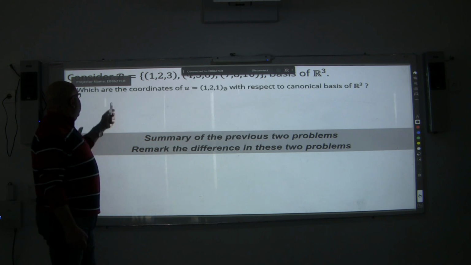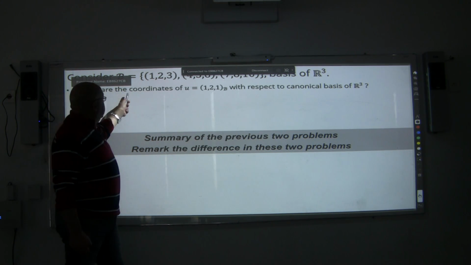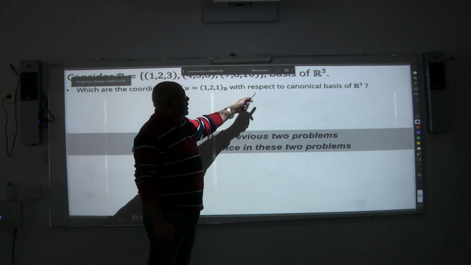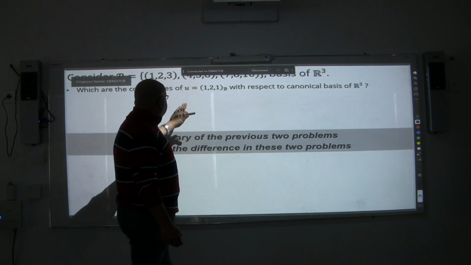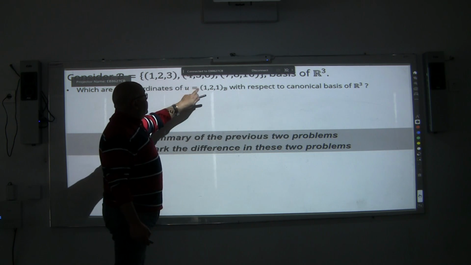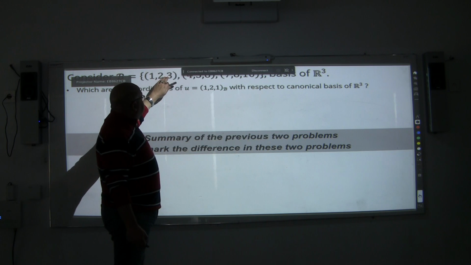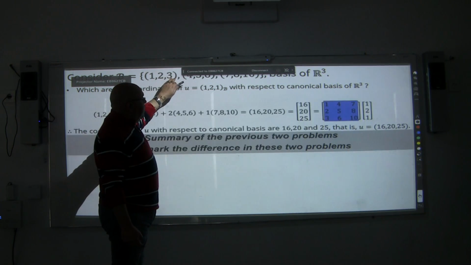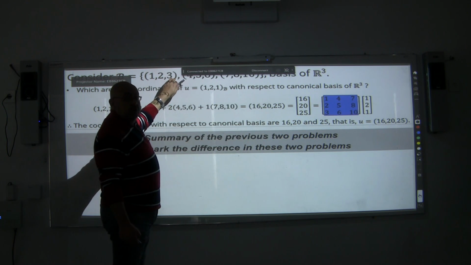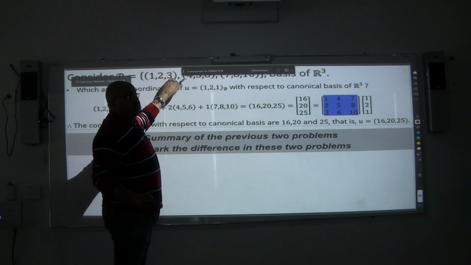So in this problem, what are the coordinates of U1, (1, 2, 1), with respect to the canonical basis? In such a case, I'm giving you the coordinates. So all I have to do is multiply the coordinates by the given matrix, and we'll be able to get the value of this vector, which can be represented as coordinates of the standard basis.